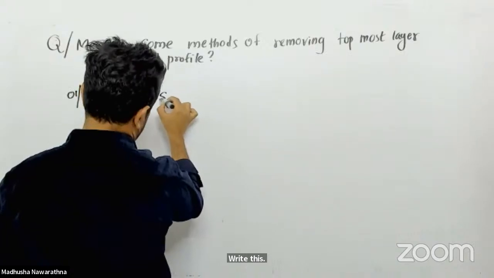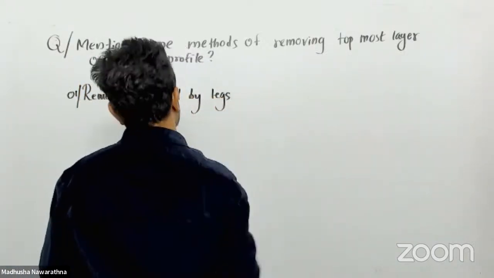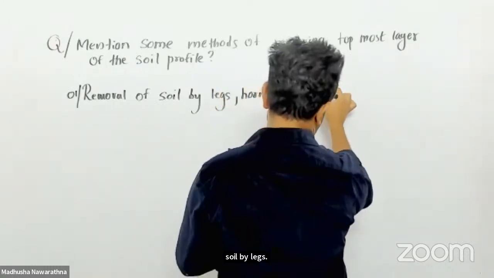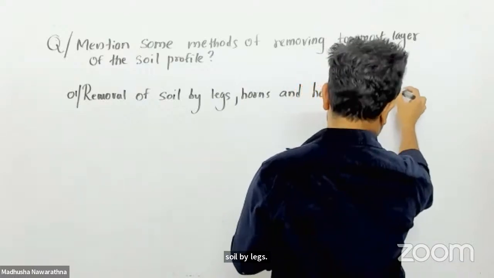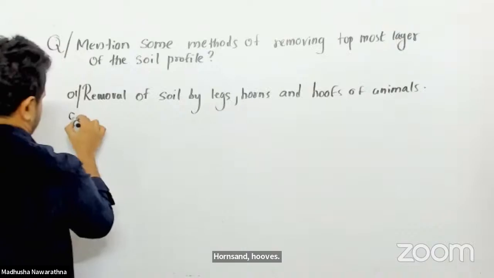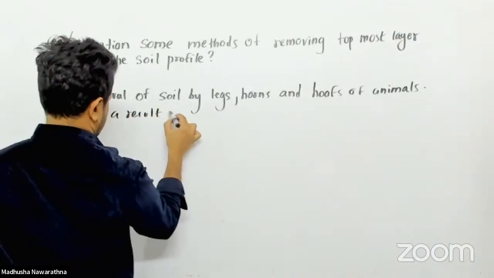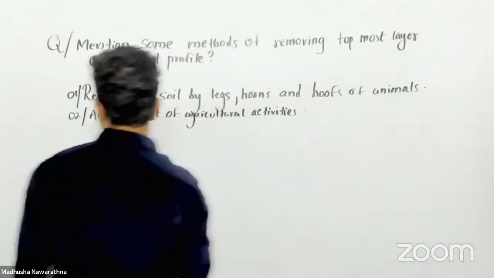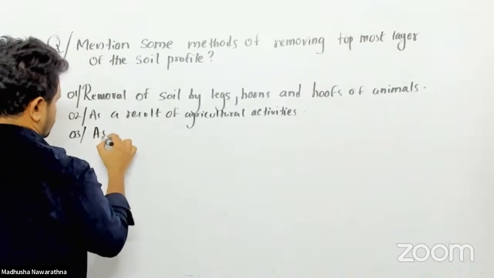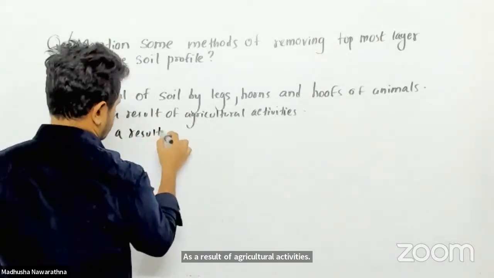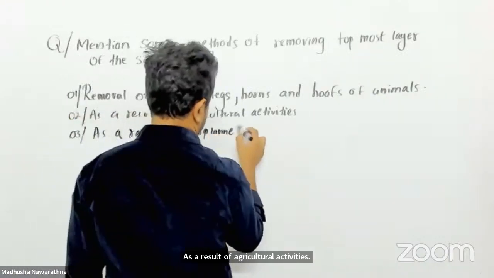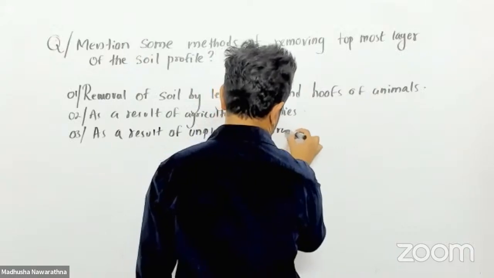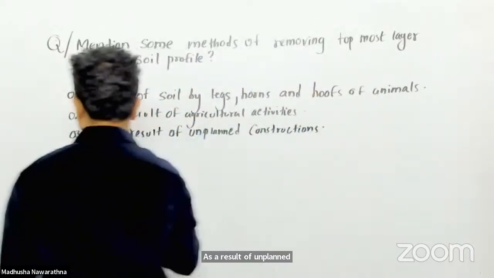Removal of soil by legs, horns and hooves of animals, as a result of agricultural activities, as a result of unplanned constructions. Number 4.